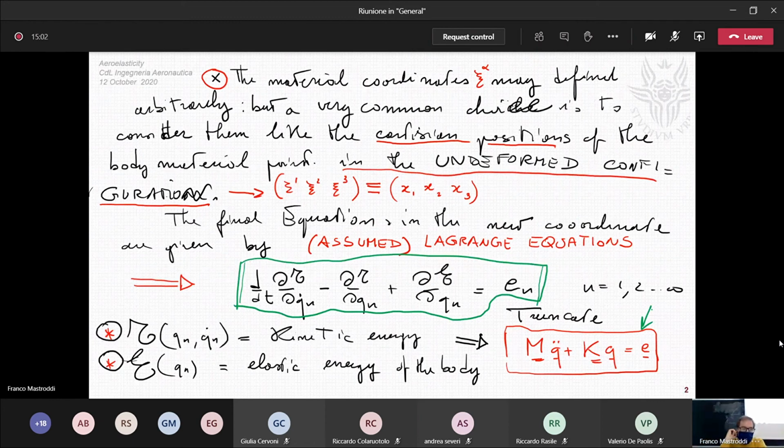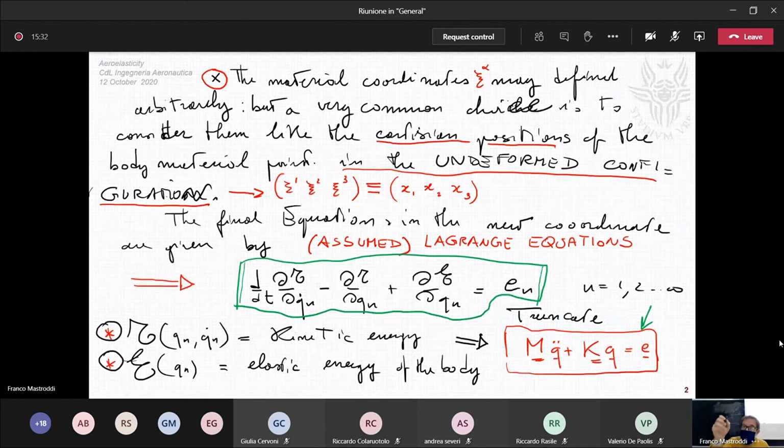So now the objective of this discussion is the following. Try to express the total kinetic energy as a function of the new coordinates, Qn and Qn dot. Express the total elastic energy as a function of the new elastic Lagrangian variable, and then apply this equation, also known as Lagrange equation of motion.